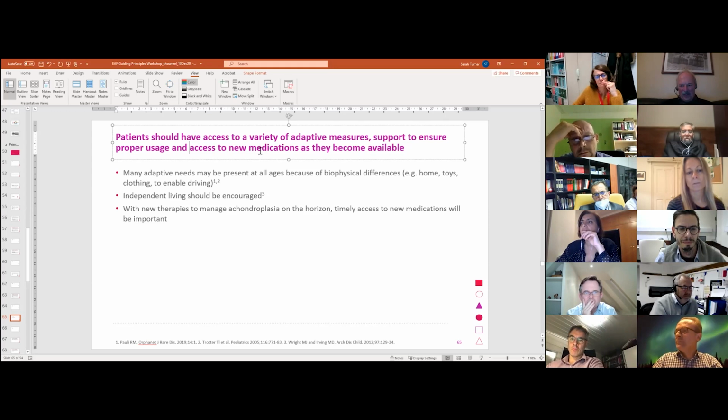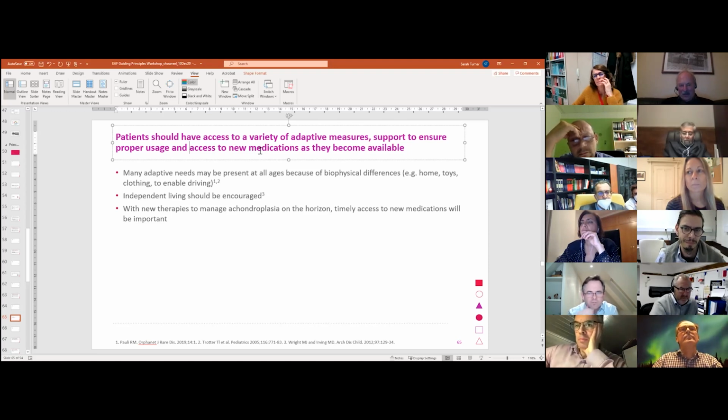But I think it is fine to say "have access to a variety of adaptive measures." So I think in this way it's okay, but I don't know what other people think.